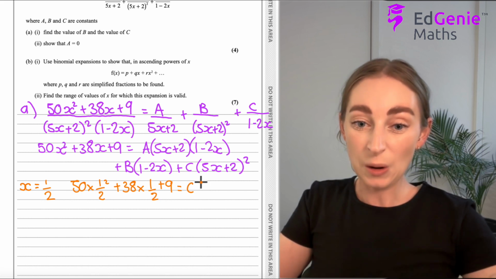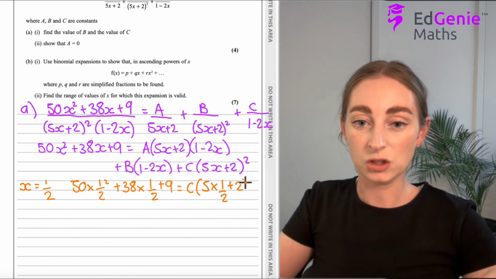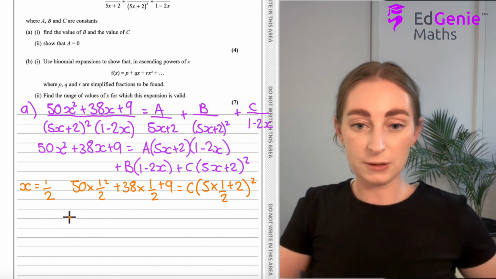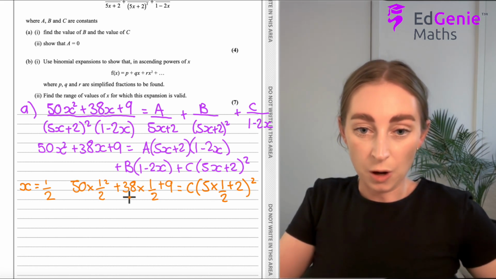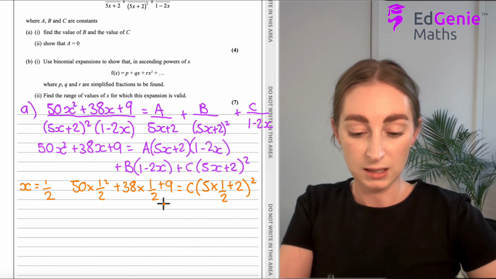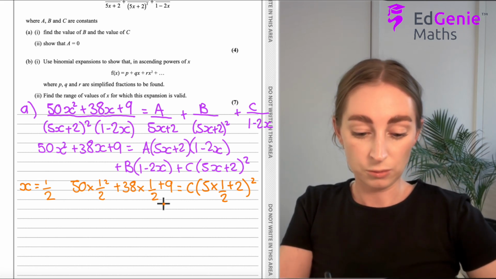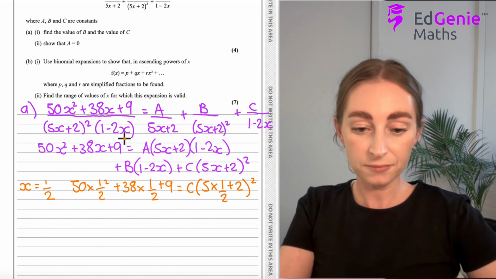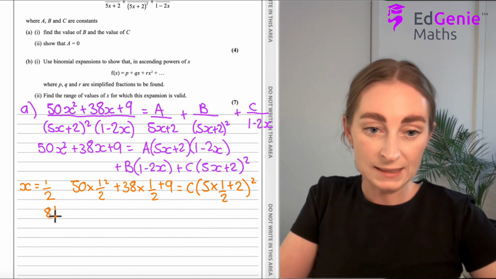So we've only got this one. So 5 times a half plus 2 all squared. Okay, get out our calculators. So I'm going to put the whole of this left-hand side into my calculator. Do it all at once. There's no need to do it separately. And I've got 81 over 2.